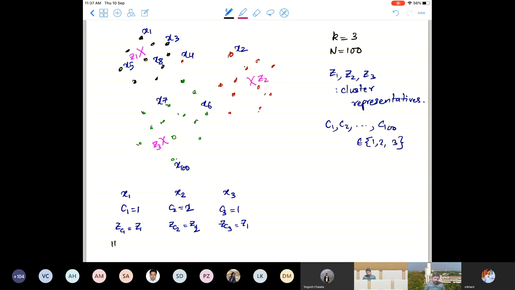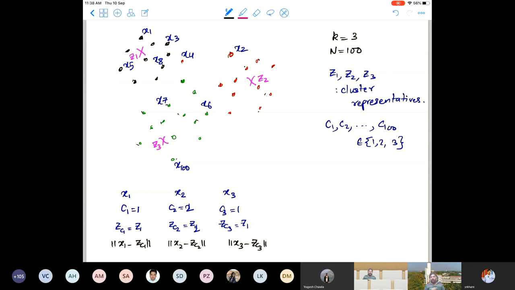I am looking at norm of x1 minus ZC1, which is nothing but the distance of x1 from its representative. So that ZC1 is Z1. I am looking at x2 minus ZC2. This is x3 minus ZC3. So these are the distances that I am really looking at.